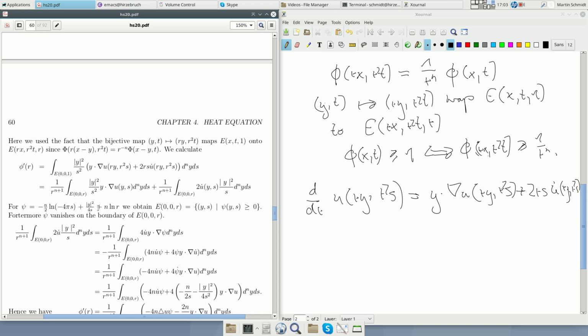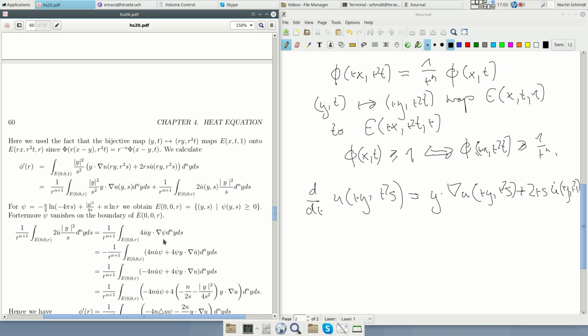Because the only thing which depends on y is this expression, and if we take from this the gradient, this is of course y divided by 2, y divided by 4s. So it's 1/2 of y divided by s times y is y squared divided. So since it's 1/2, instead of 2 we get a 4. So this is just this expression.